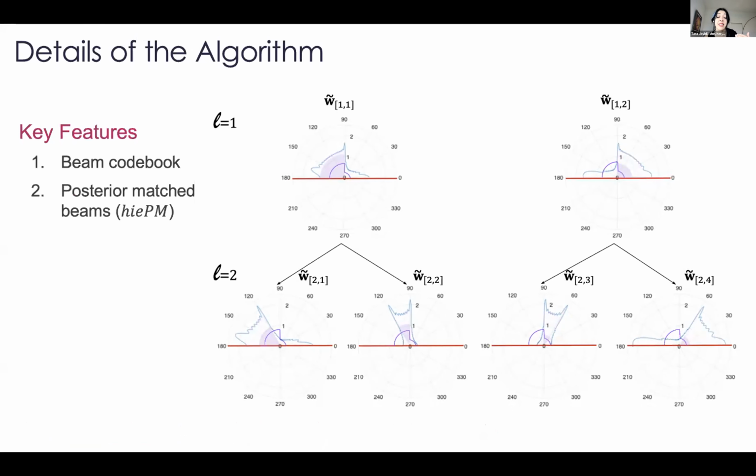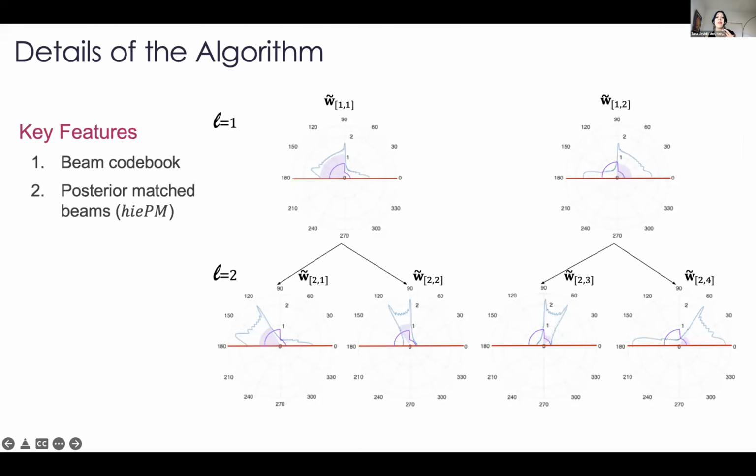Now, on top of that, the second component, as I said, is a posterior belief about the angle of arrival. Here, the purple addition to this graph, I don't know if my cursor is visible, is the posterior, and I have overlaid it with these beams.